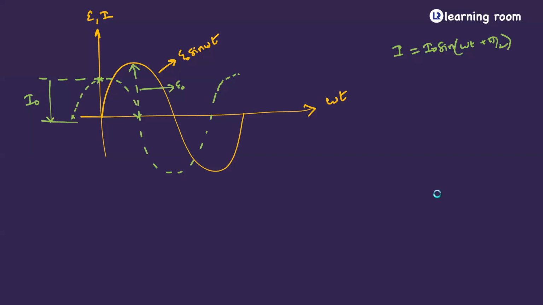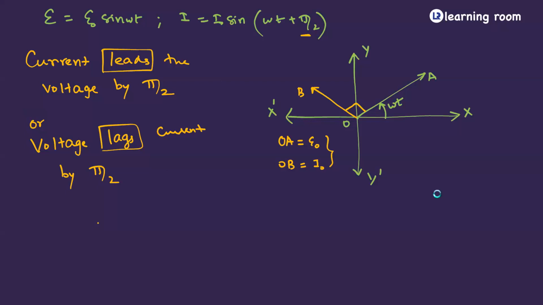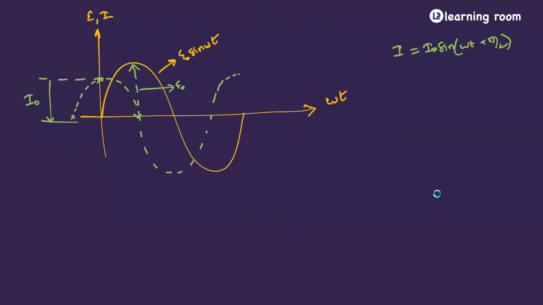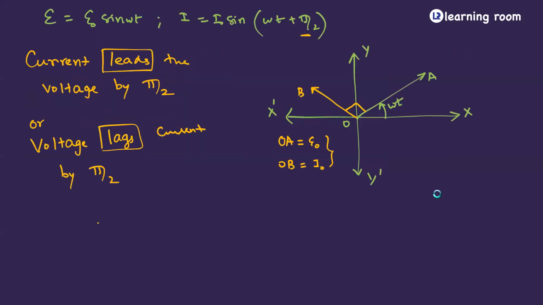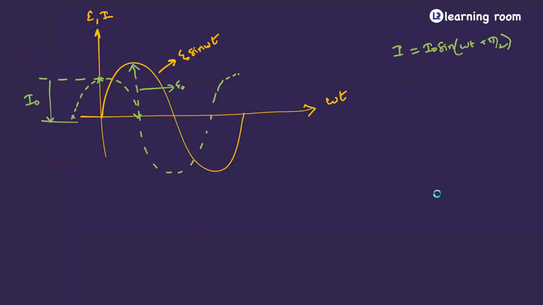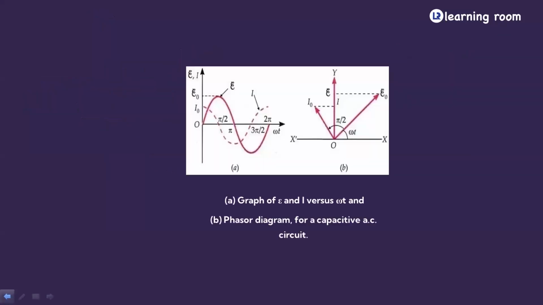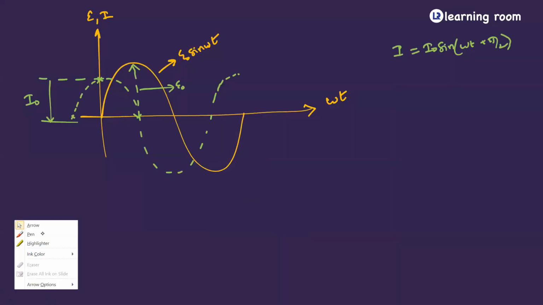Now, with the same knowledge, before that, I want to tell you one last point associated with the capacitor. Please make a note of it. I told you something called XC. What is that XC called?